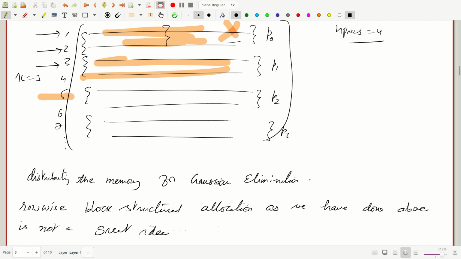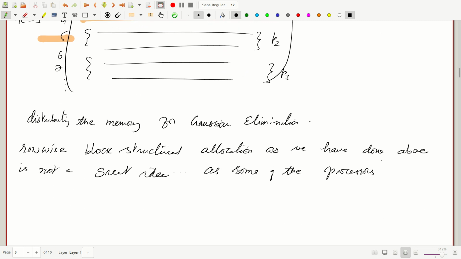Why? Because more and more processes would become idle as k increases.